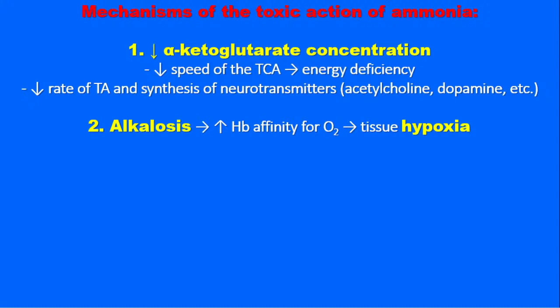In peripheral tissue, where the partial pressure of oxygen is lower, hemoglobin must dissociate from oxygen, and in this case oxygen will come to the peripheral cells and tissues. So in case of alkalosis caused by accumulation of ammonia, hemoglobin will not give oxygen to the peripheral cells. It will still be saturated because its affinity is significantly increased. It will lead to tissue hypoxia, so energy deficiency and oxygen deficiency.